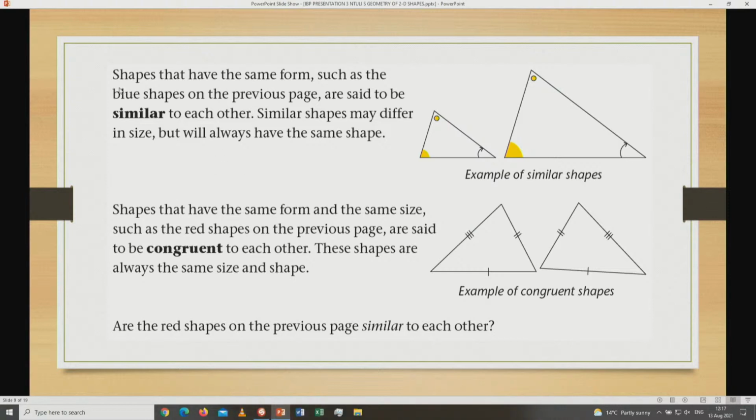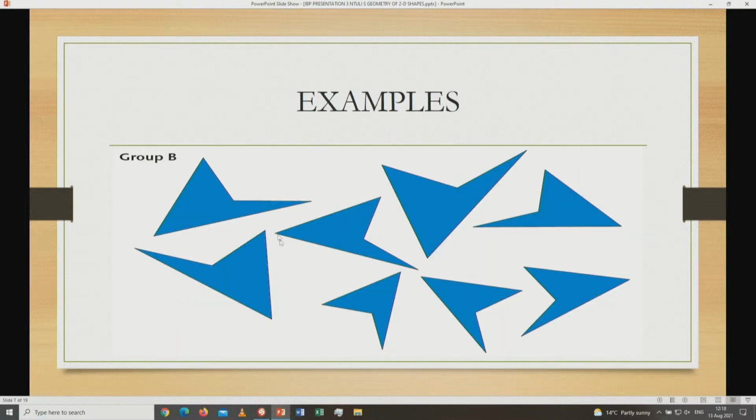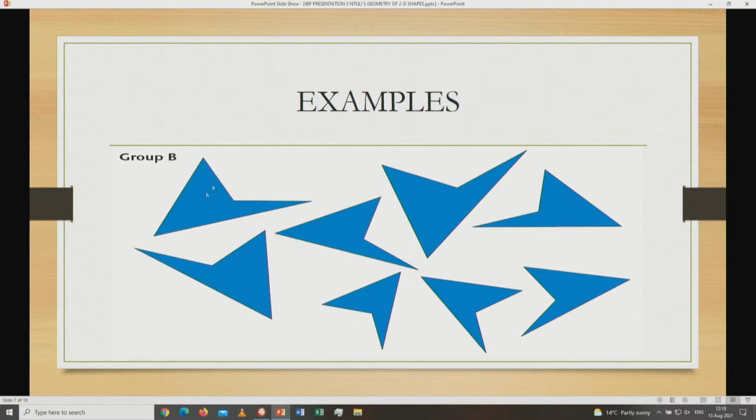Let me just follow my cursor there, guys. Shapes that have the same form, such as the blue shapes on the previous page, are said to be similar to each other. Let us see if ever there is similarity there, guys.